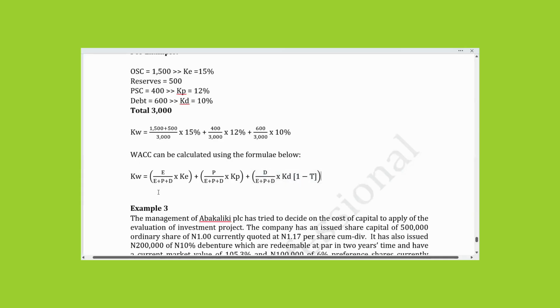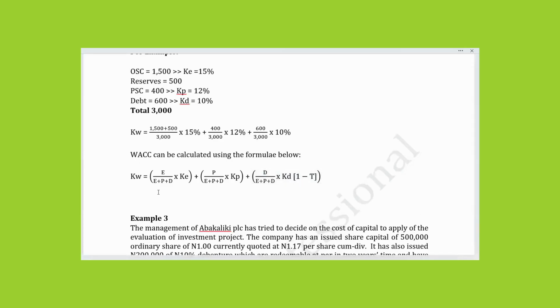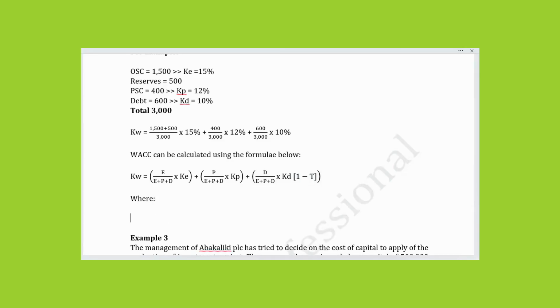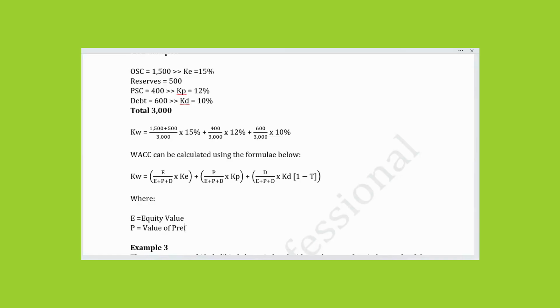This is the formula for calculating weighted average cost of capital, where E equal to equity value, P equal to value of preference share, then D equal to debt value.